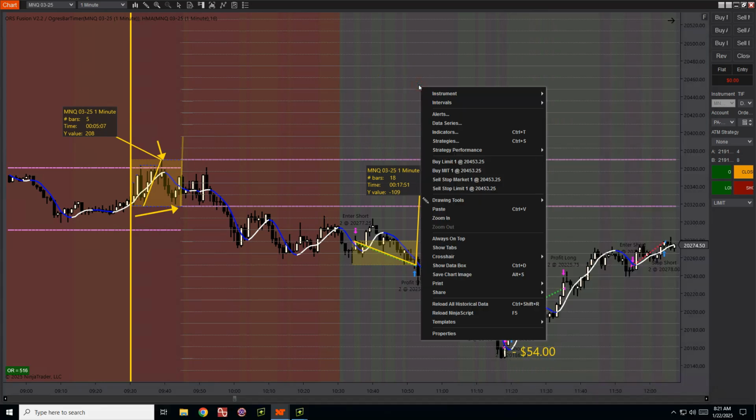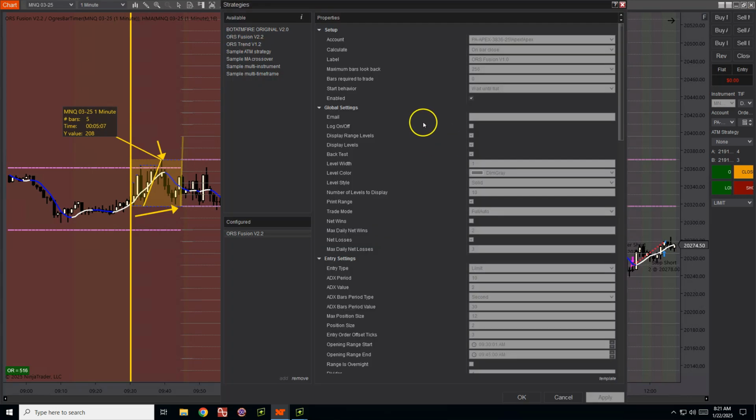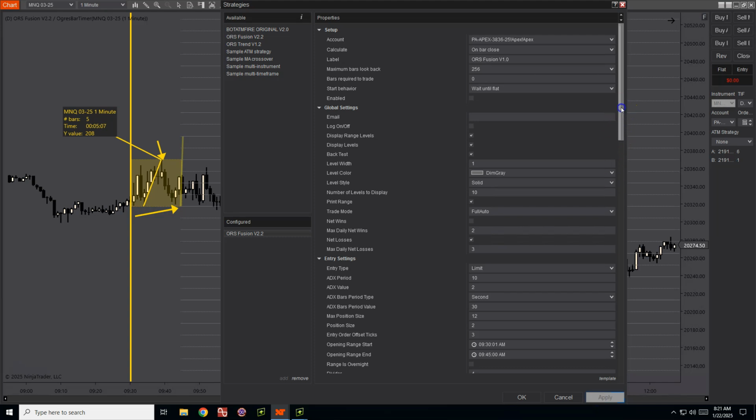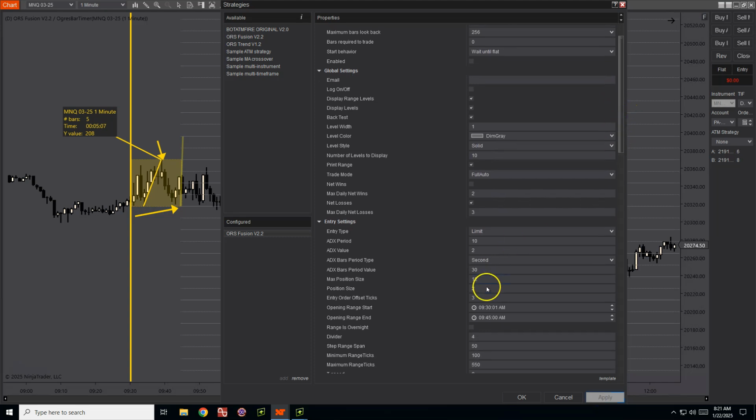So what I do is I come into the strategy. Now that I know I want to risk 2 micros on this day, I'll disable the strategy, click apply, scroll down a little bit, and just put a 2 in here. There happens to already be a 2. But maybe I wanted to risk 3 micros on that day. I put a 3 in there.